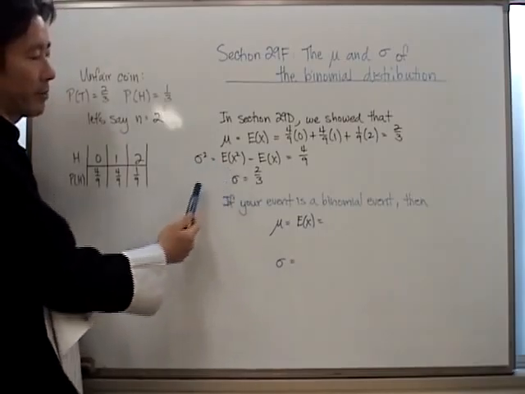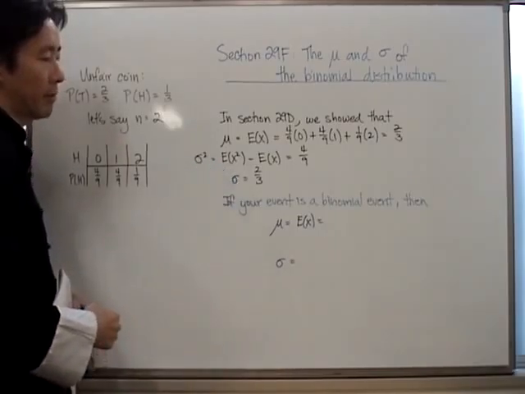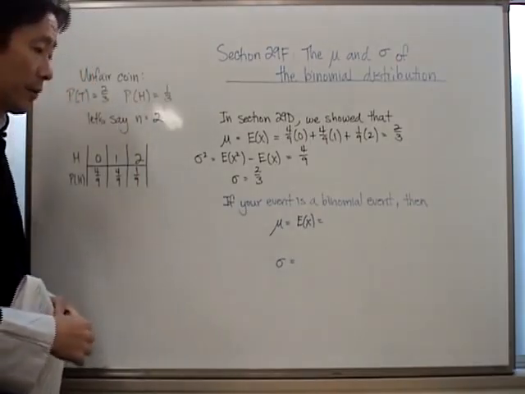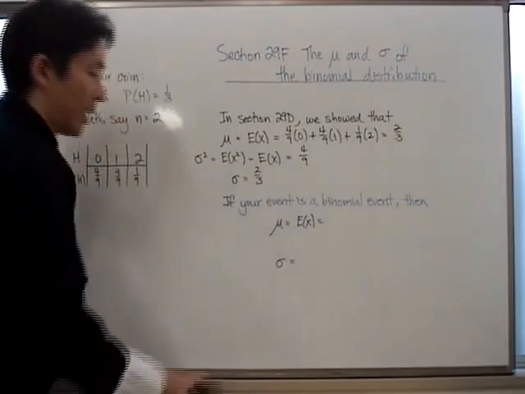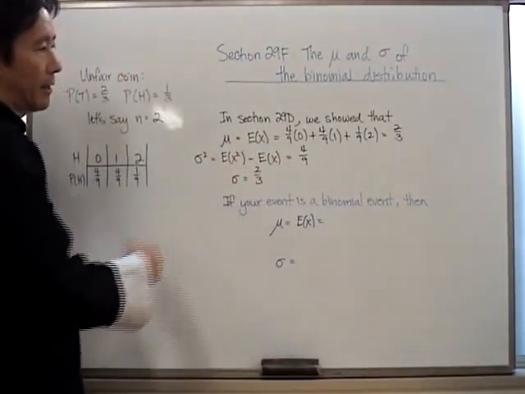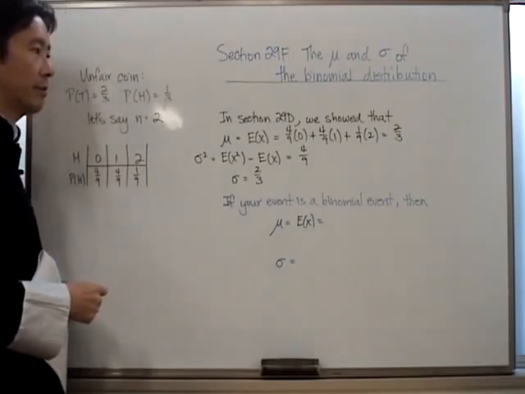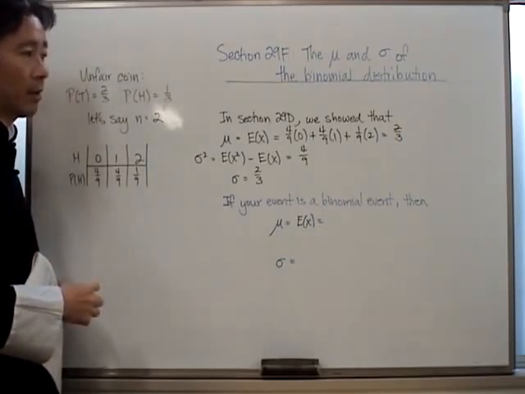So if we take the square root of both sides, we come up with a standard deviation of 2/3. Of course, you can always go through this process to determine what the mean and the standard deviation will be for any probability distribution.